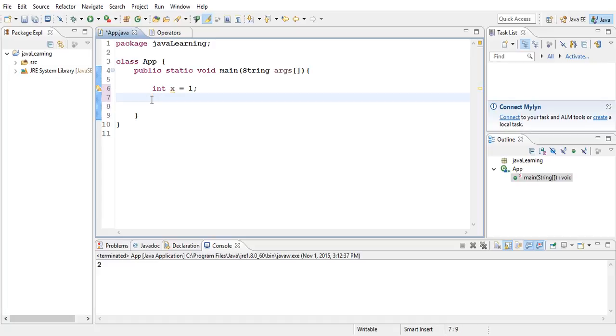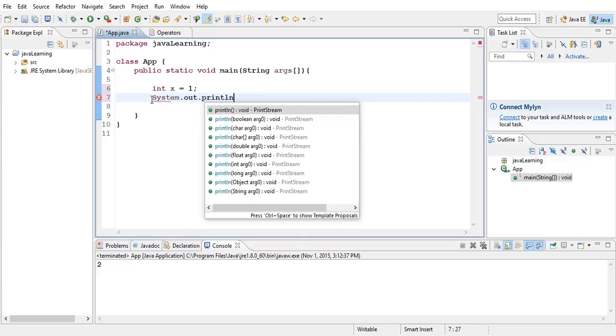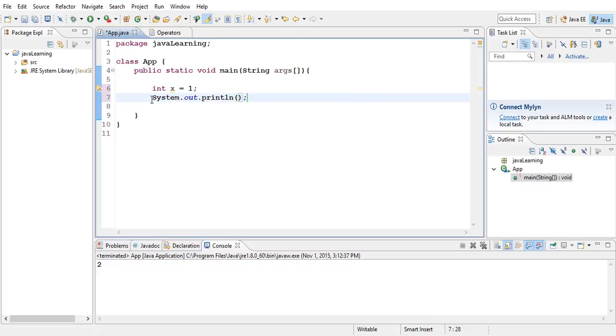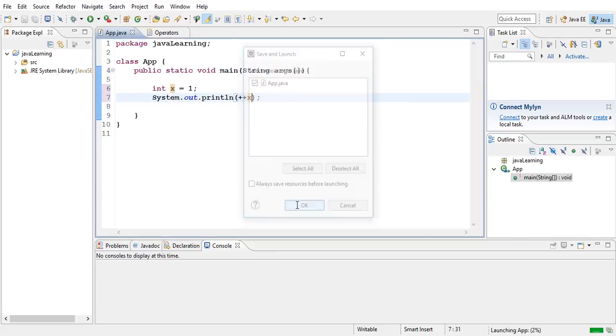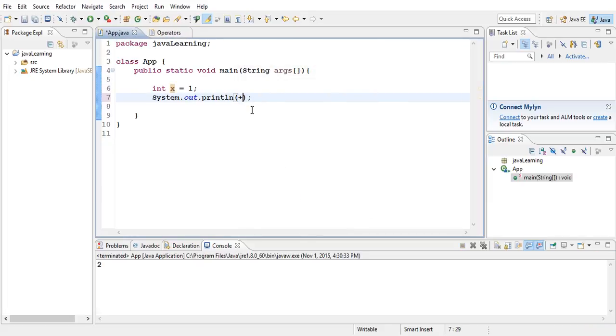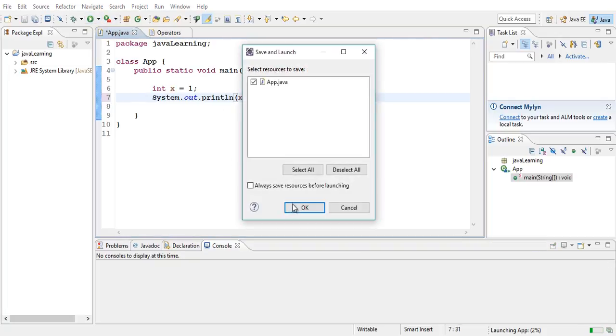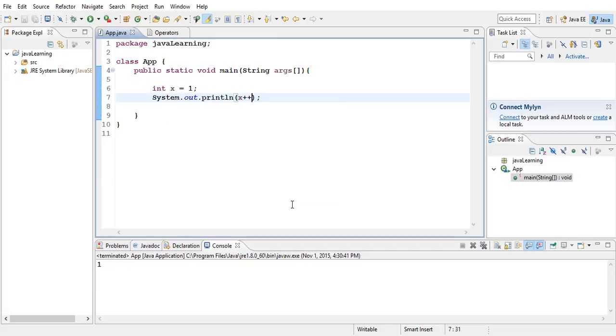Suppose we want to print the incremented value of x, and we write system.out.println plus plus x. Then we would expect the value of x to be 2. Same for x plus plus, but we would get only 1. So if we print x the second time, then we would get 2 this time.